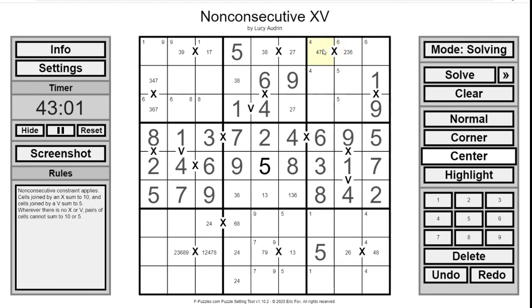So it could go 2, 8, 3, 7, 6, 4. Trying to figure out something wrong with that. If this was a 6, it would force a 5 there. Just not seeing this.